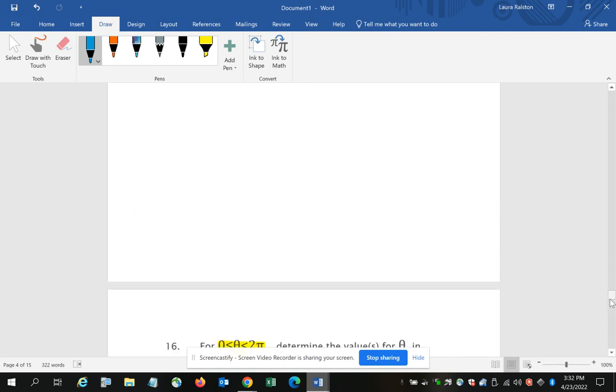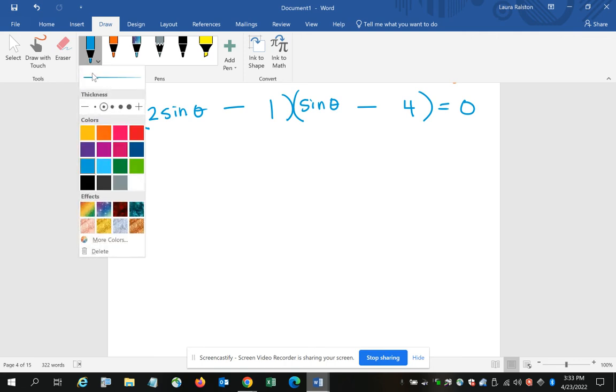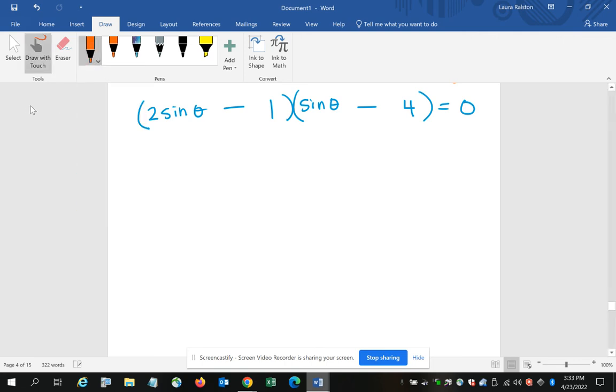Okay, so then, whoops, sorry about that. We know that either 2 sine theta minus 1 equals 0, or sine theta minus 4 equals 0.